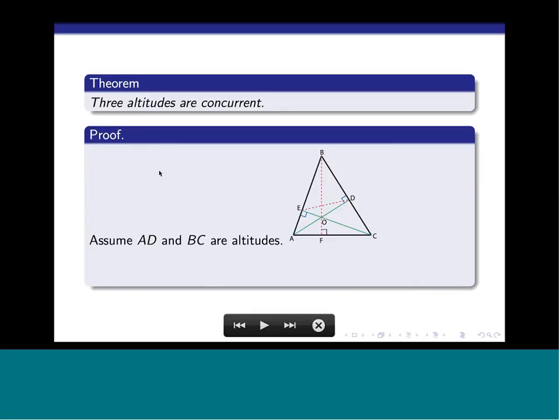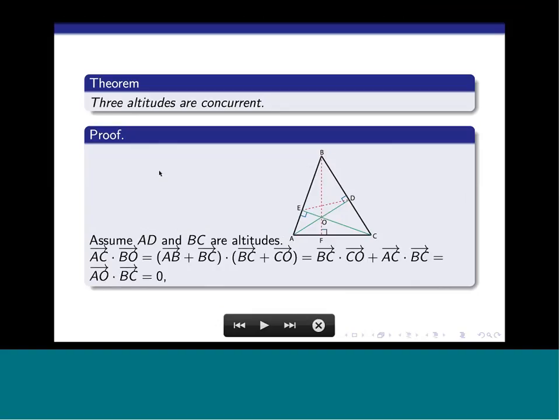So what that means, if you have the triangle, then it's easy to prove that the altitudes AD, BE and CF meet at a point. Anyway, so assume AD and CE are altitudes.